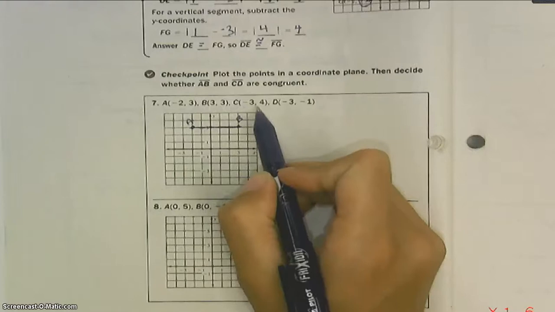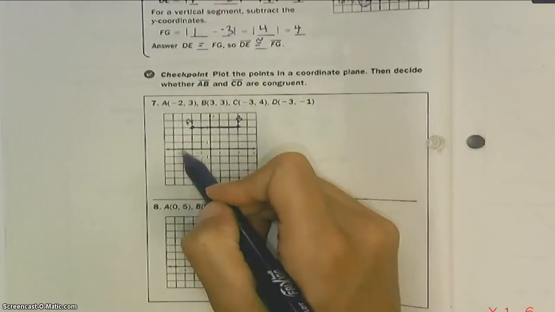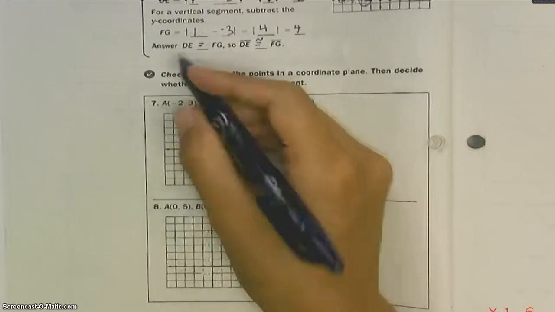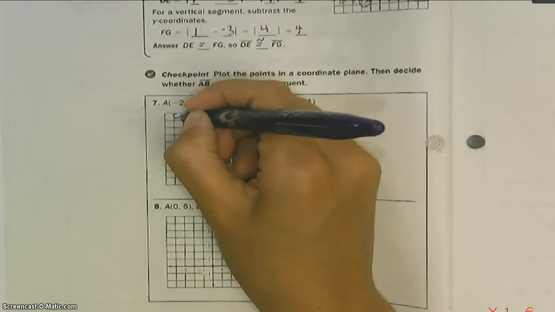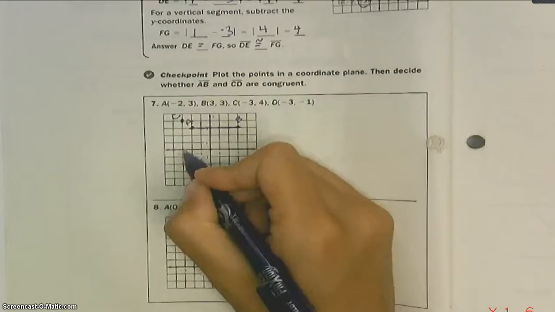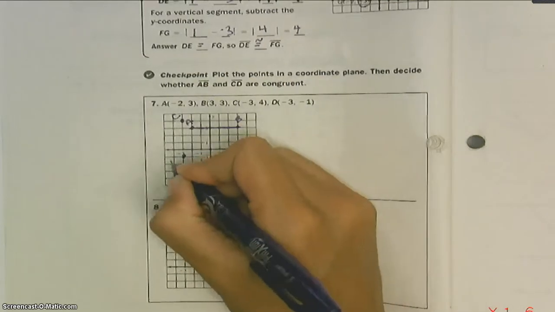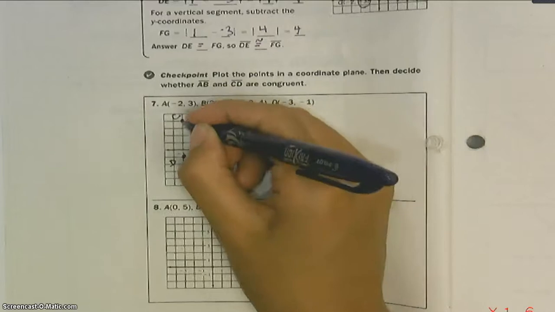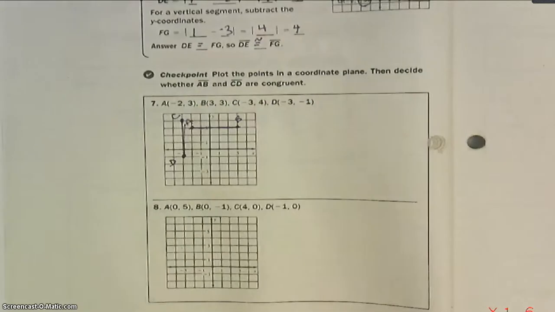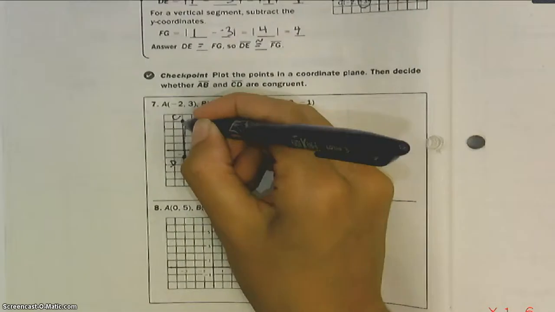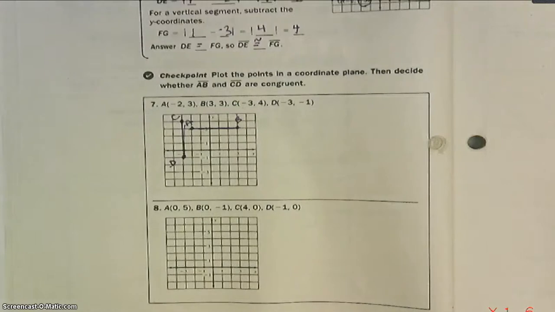And C is at negative 3, 4. D is at negative 3, negative 1. And we're comparing AB to CD. So there's your segments. Now we need to see if they're the same length.